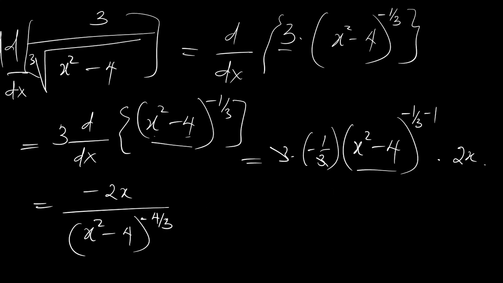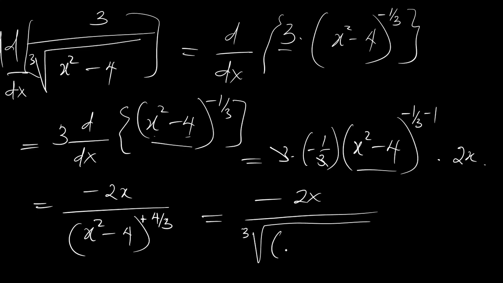Sorry, raised to the power plus 4 over 3, because it's under here now; here it will be minus 4 over 3, so coming down here the way it is, it will be plus 4 over 3. So you have minus 2x divided by the cube root of x squared minus 4 all to the power 4. So this is the final answer.